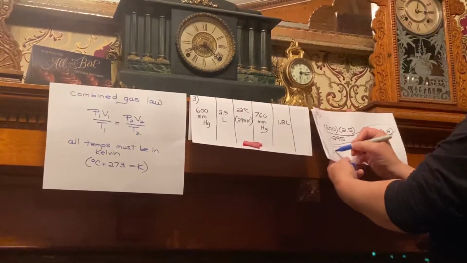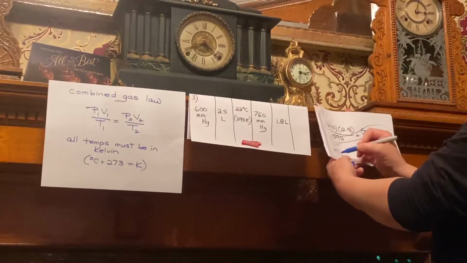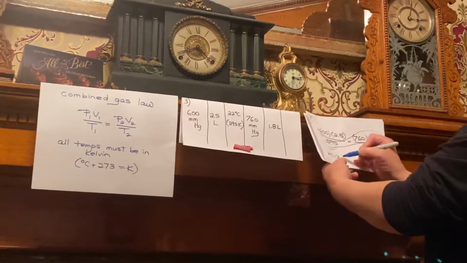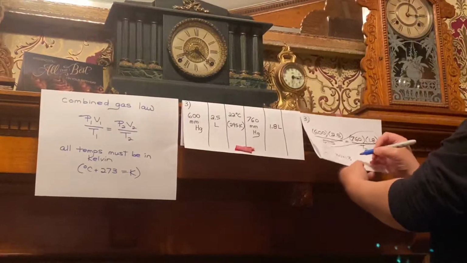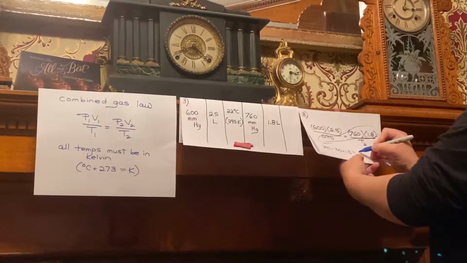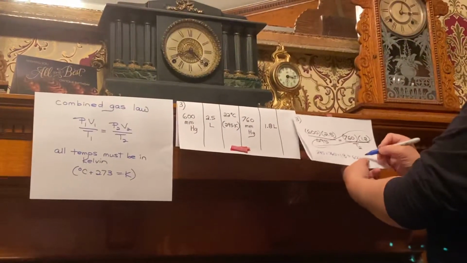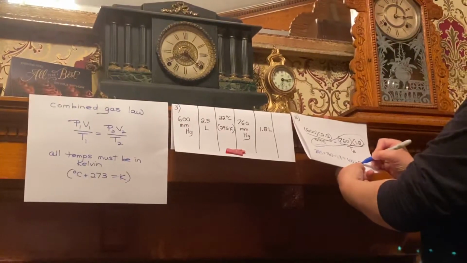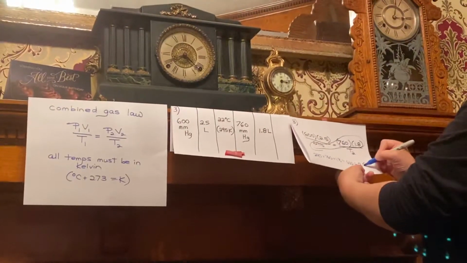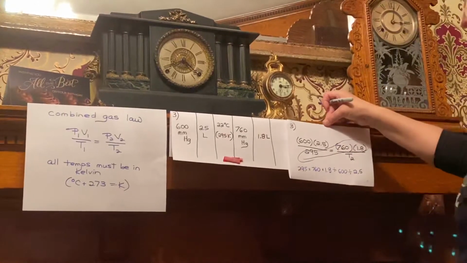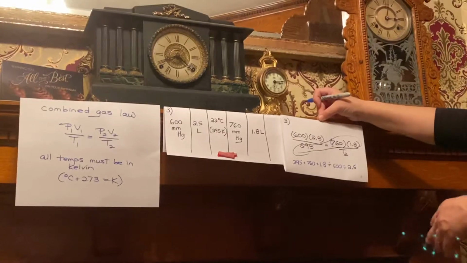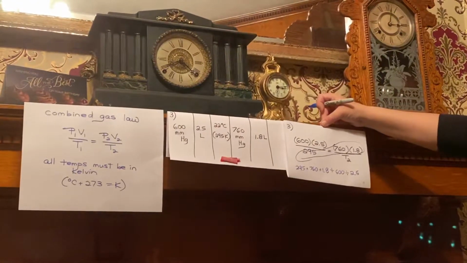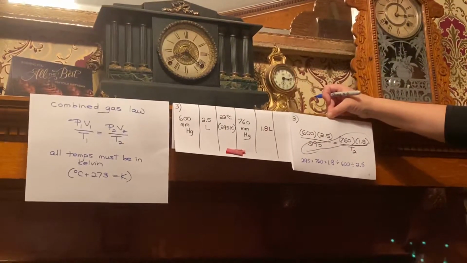So we're going to multiply 295 times 760 times 1.8, and now we're going to divide by 600 and divide by 2.5, okay, to get our answer. So it's just a shortcut. You can cross multiply or you can rearrange the equation, whatever you'd like to do to solve this.